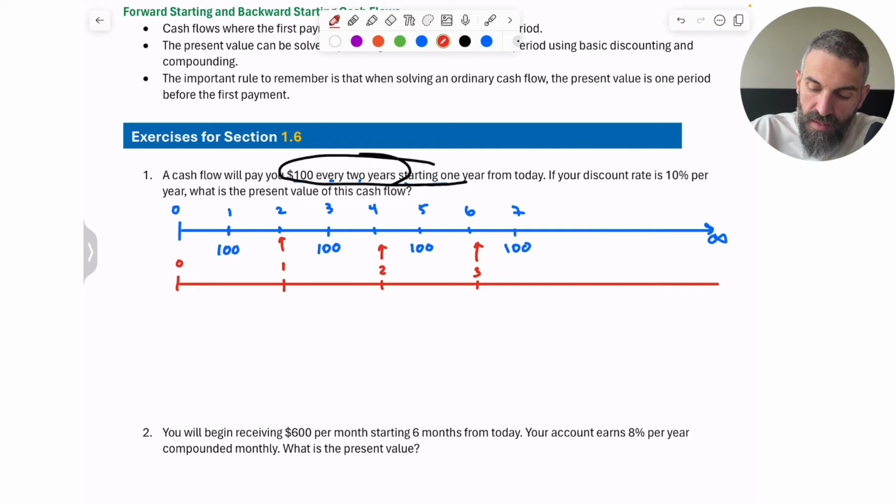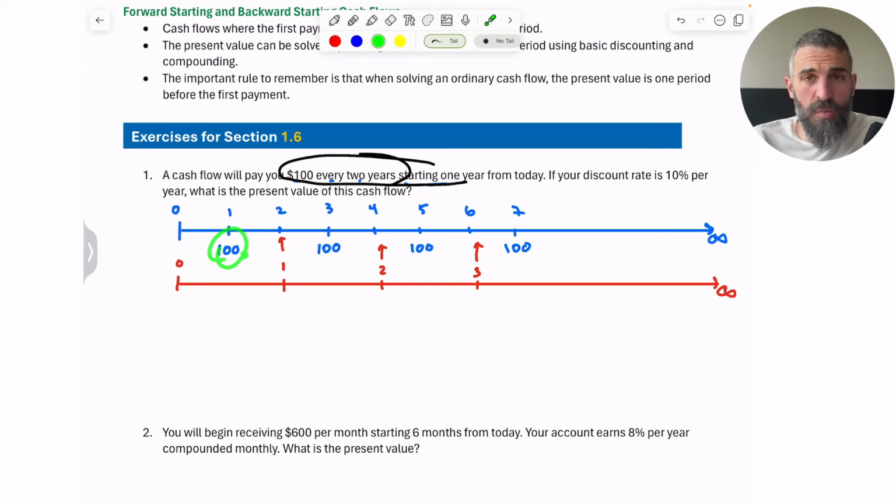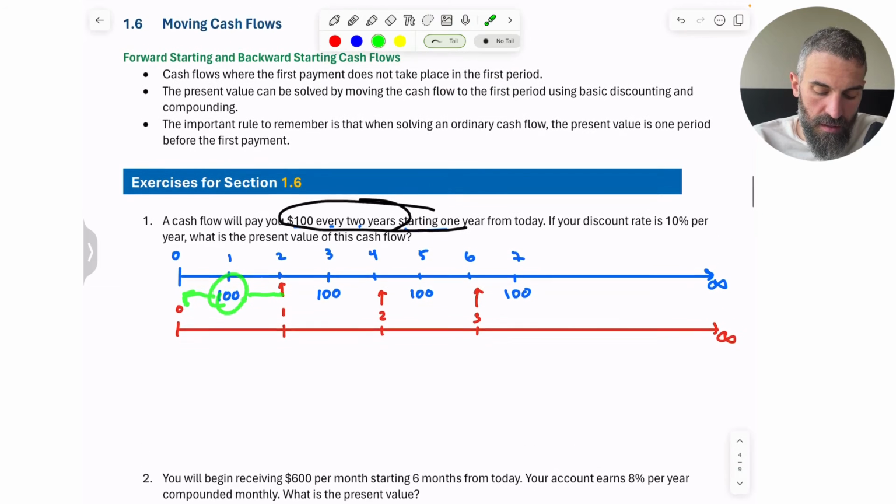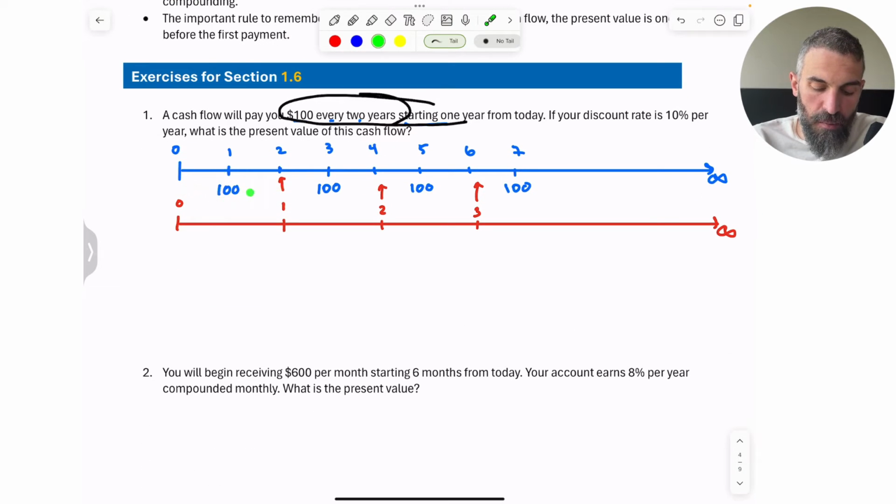So that first payment is in an awkward spot. It is not at the beginning of the period, which it would have been if it was at time 0. And it's not at the end of the period, because to be at the end of the period, it would have had to be at time 2.